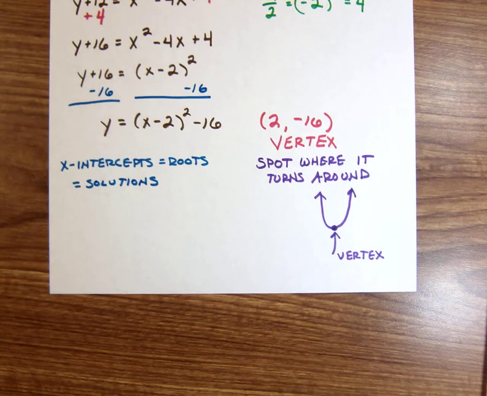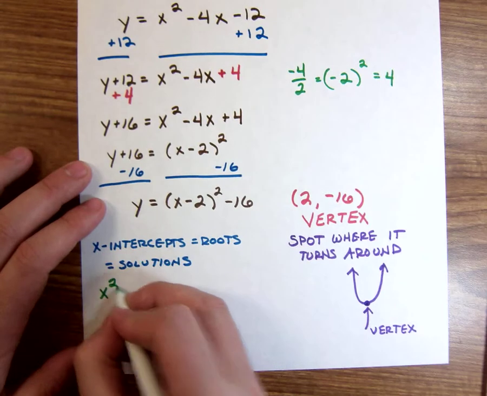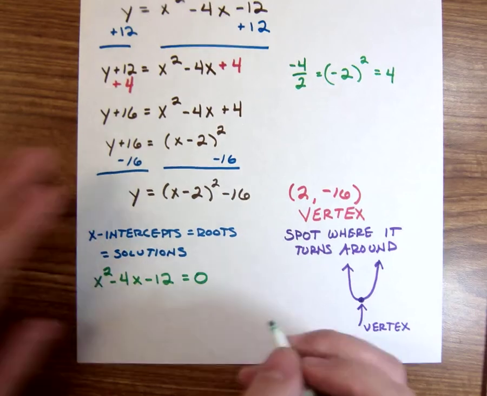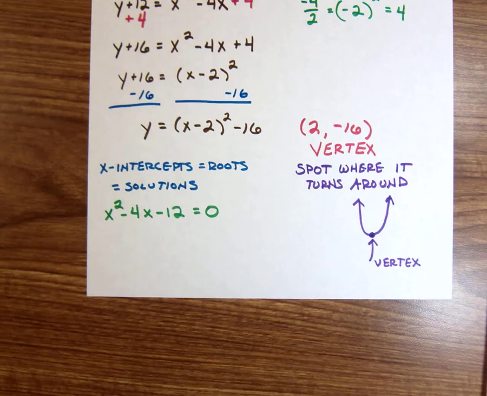An x-intercept is a place where the equation, the y value, equals 0. So if I want to find where the x-intercepts would be, all I do is take the original equation, x squared minus 4x minus 12, and set it equal to 0. What are the values of x when that equation equals 0? Well, I can solve that by factoring, and I already showed you how to factor it. x minus 6, x plus 2.